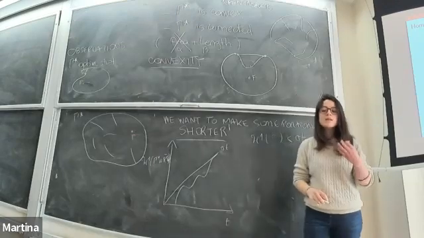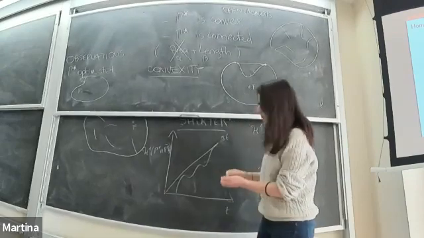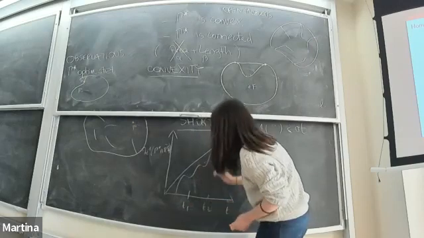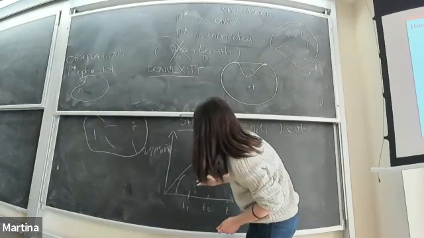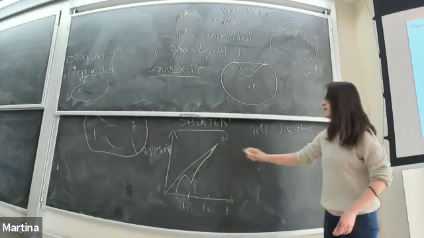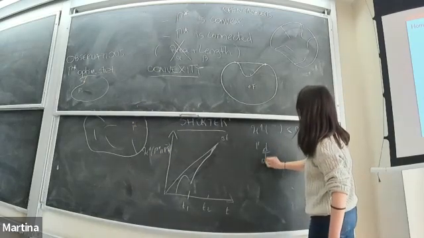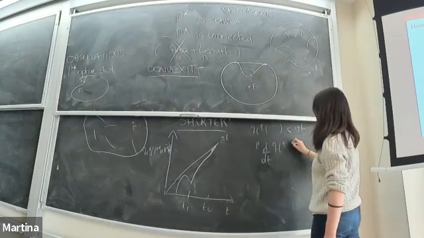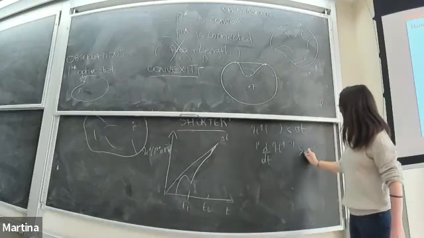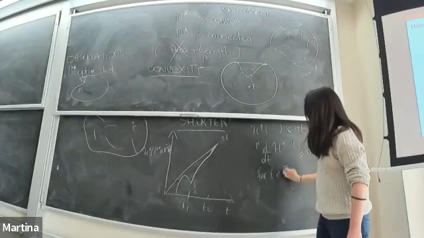Now we assume that there is a time interval T1, T2, in which the slope of the strategy is greater than sigma. So morally, we assume that the derivative in T of this function is greater than sigma, strictly greater, for T in T1, T2.